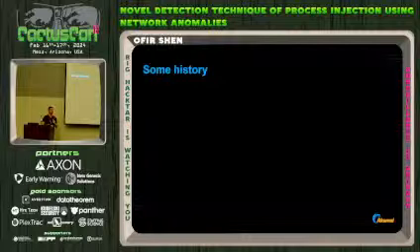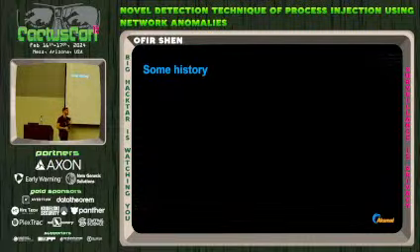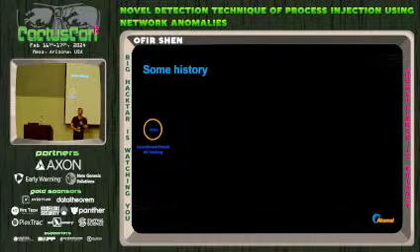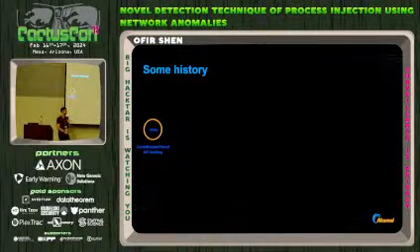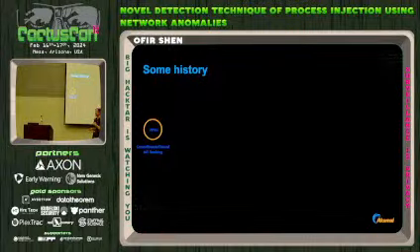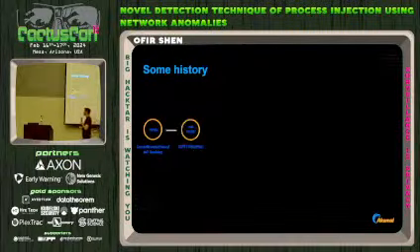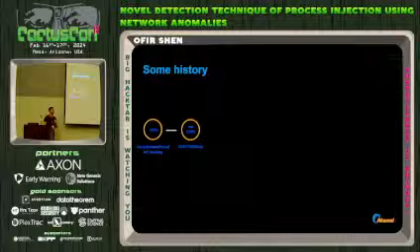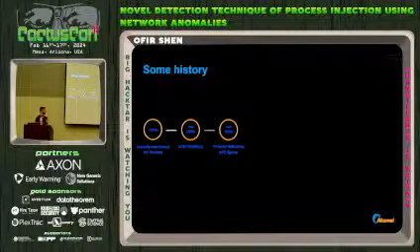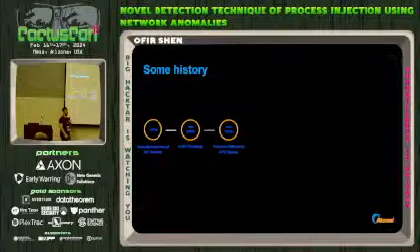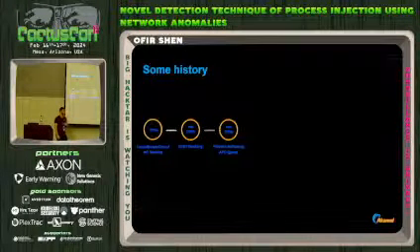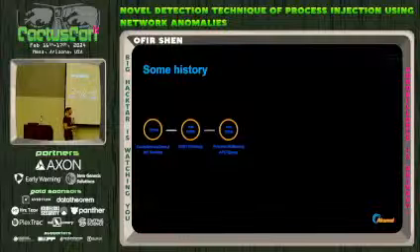So let's talk a little bit about the history of process injection. Right when Windows came out, with Windows NT, we were introduced to the CreateRemoteThread DLL injection, and also to IAT hooking. After that, in the mid-2000s, we were introduced to more injection techniques, one of them being SSDT hooking. After that, we were introduced to process hollowing, also known as RunPE, and APC queue, which were first used in the late 2000s.